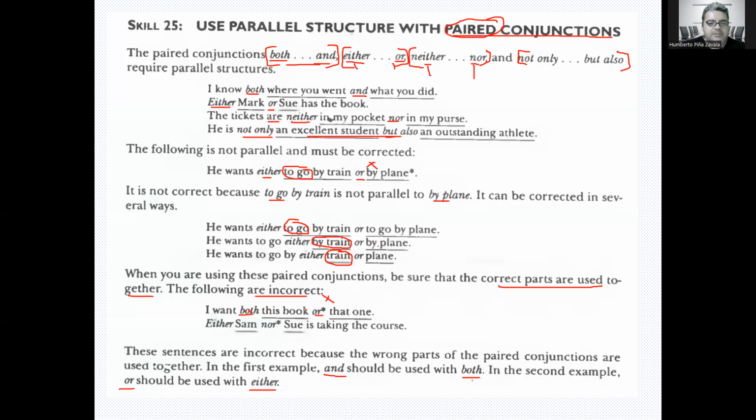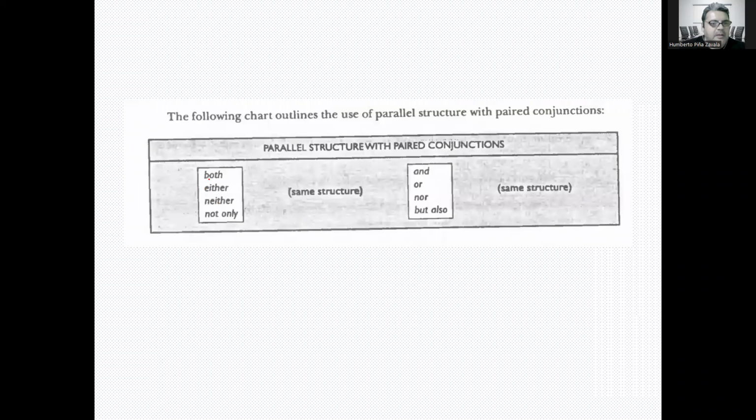Right? Both this book and that one, and either Sam or Sue, but not nor. Nor is with neither. Okay, so we got both this and this, either this or this, neither this nor this, not only this, but also this.